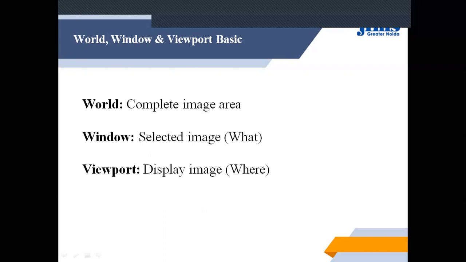When we have to discuss an object from window to viewport, first of all we have to discuss the original object. Suppose I want to click a picture of any object, then whatever we are seeing in the background, that is the world.